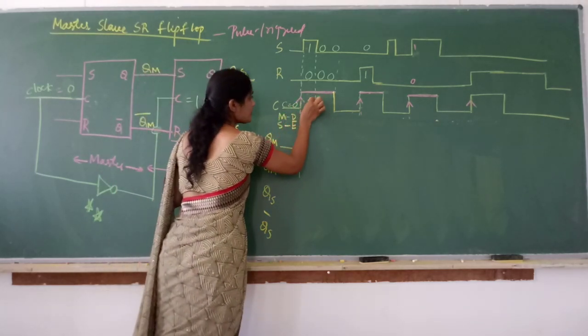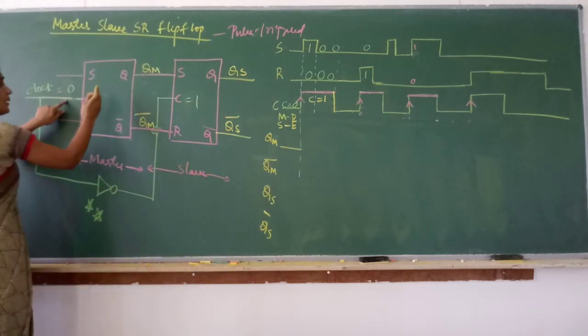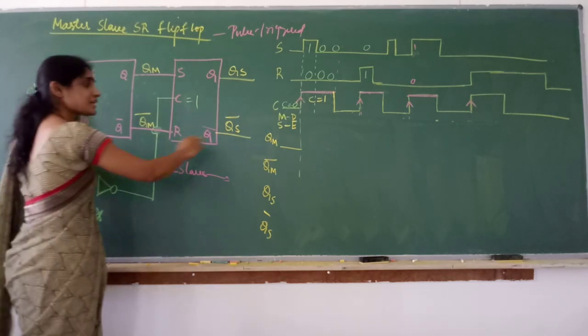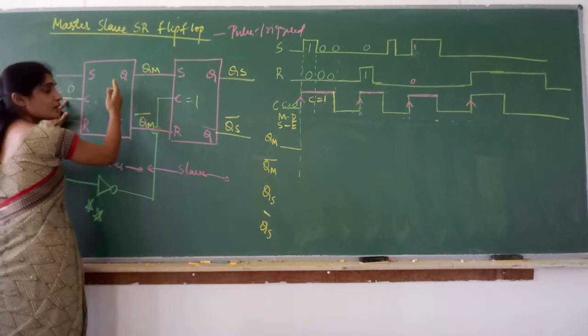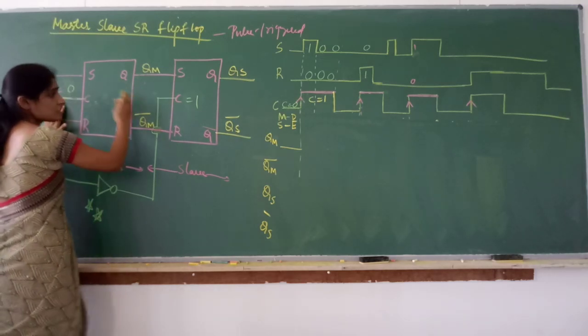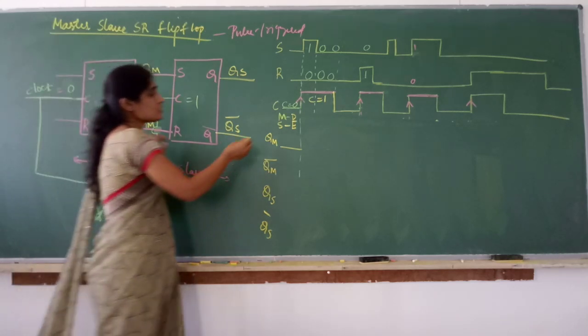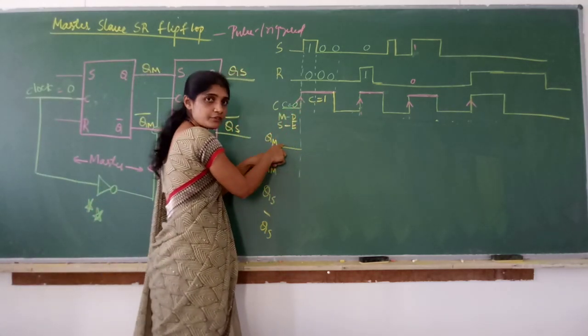Now clock is becoming 1. When clock becomes 1, master is enabled. First let me write QM, then I will take up QS. Now we are writing the waveform for only master. What are the inputs for master?